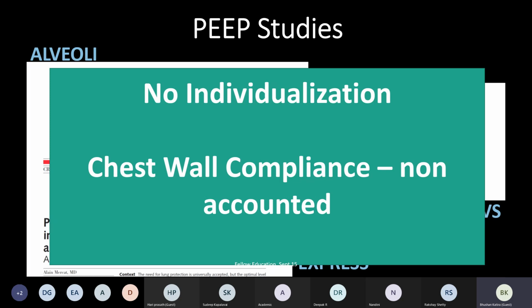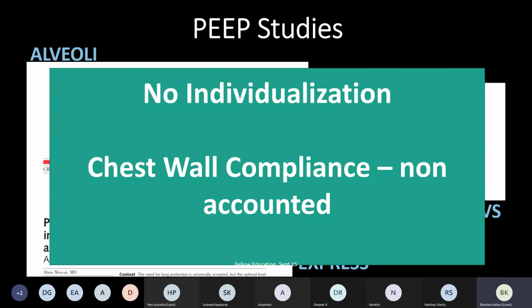There are several ways to individualize. There is much more literature coming up on the interaction of PEEP with airway opening pressure, and PEEP and prone position, etc. One of the components for individualization of PEEP is also the chest wall mechanics. None of these were accounted for. So blindly setting a PEEP, well, I would not say blindly.